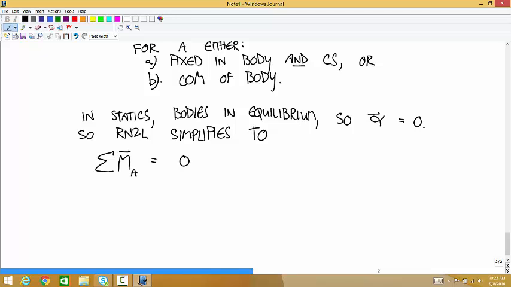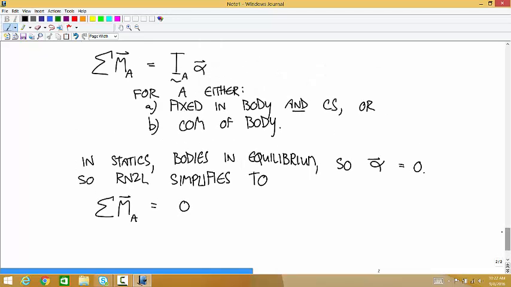Now you would think, based on the requirements from up above, that A can't be anything. It has to either be fixed in the body and fixed in the coordinate system, or the center of mass of the body.